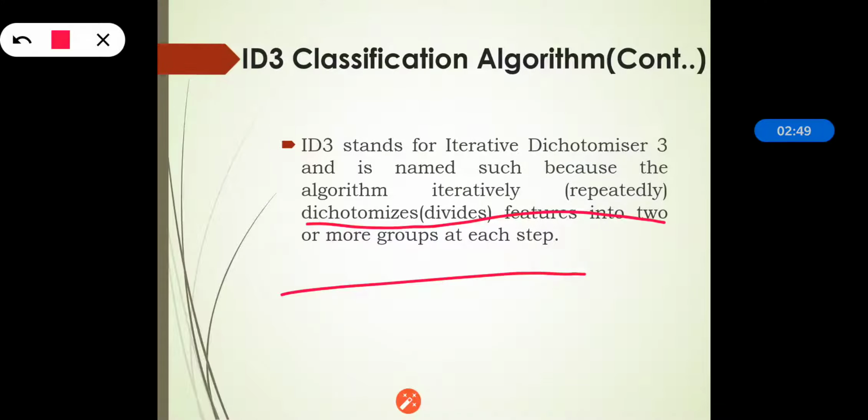That's why it is called Iterative Dichotomiser 3. The algorithm is used in such a way that it repeatedly divides the features into various groups.